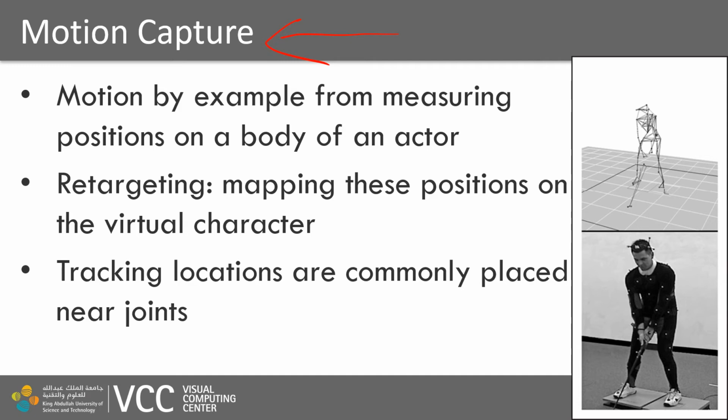Practically all the animated characters in movies, which are in some degree computer generated, are based on motion capture data. These are taken from various measuring devices which have been developed over the last decades.